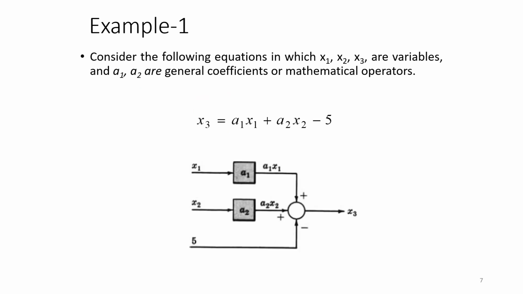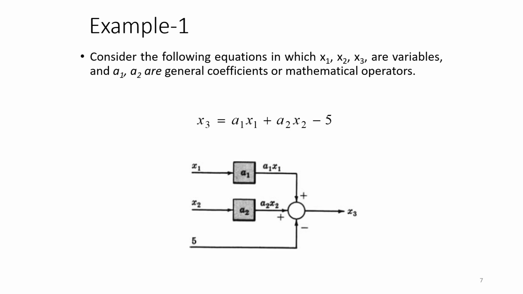Now coming to the same example, it is represented using the scaling elements a1 and a2. This is your scaling element which is multiplying a1 with your value x1, and similarly this is the second scaling element which is getting multiplied with the input x2, and the constant is taken directly with the same sign, plus, plus and minus.